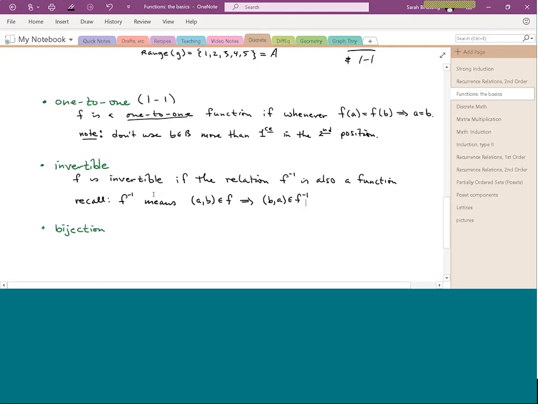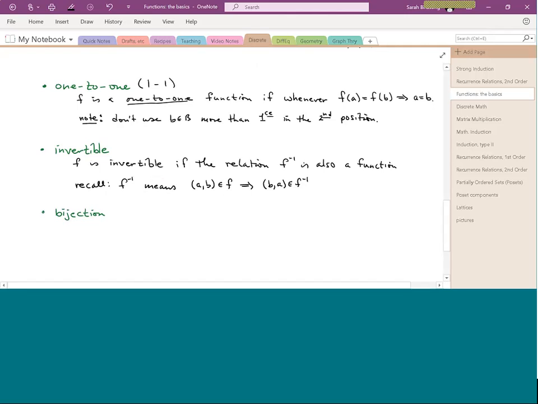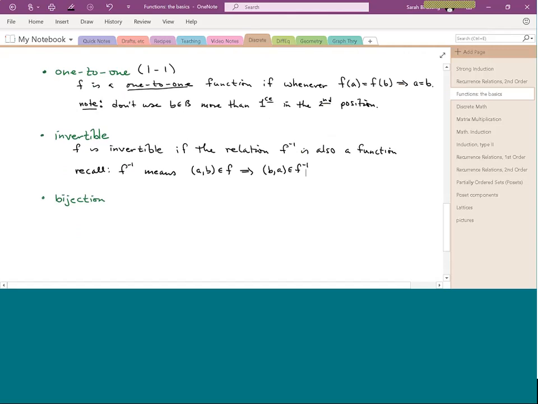And if you ever recall finding the inverse of a function back in an algebra class, sometimes I do it in a calculus class as well, because you're looking at derivatives of invertible functions in those formulas. One of the things that they'll say is the underlying criteria is you have to be a one-to-one function, and if not, you restrict the domain to make it a one-to-one function. So in terms of what we need, you reverse the ordered pairs.